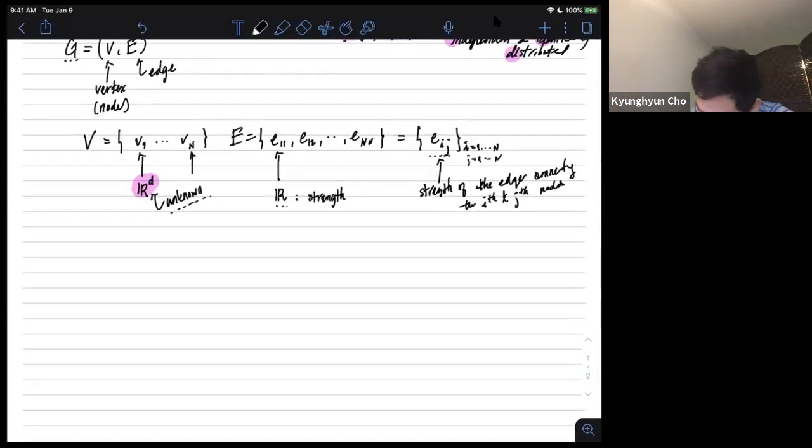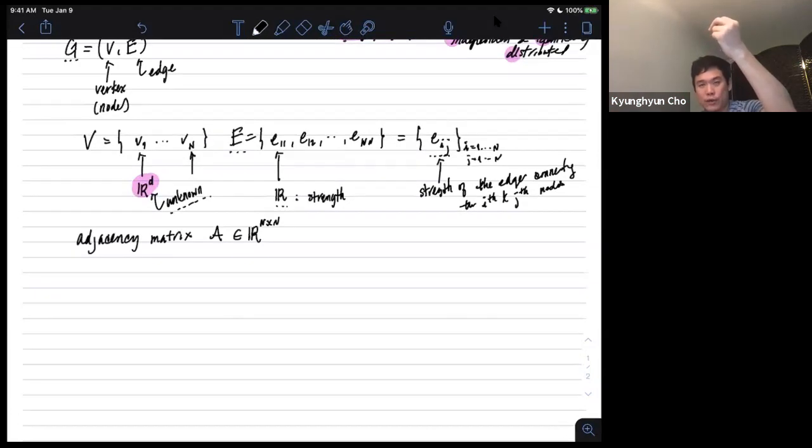What we're going to introduce first is something called the adjacency matrix A, and this A is in R^(n by n). This adjacency matrix is just like an edge matrix in the sense that each and every entry in this large n by n matrix corresponds to the strength between the corresponding row and column nodes.